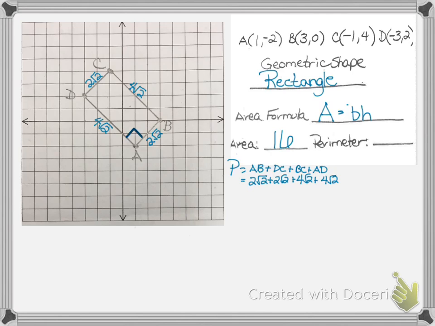And so since we have square root of 2 on all of these, then we can add those together just like what we do with variables. This is just a side note: if I've got 2x plus 2x plus 4x plus 4x, you know how to add those. That's combining like terms. Well, this is kind of the same way with the square root of 2. All of these numbers have square root of 2's. So if I've got square root of 2 plus square root of 2 right here, then that's 4 square root of 2.